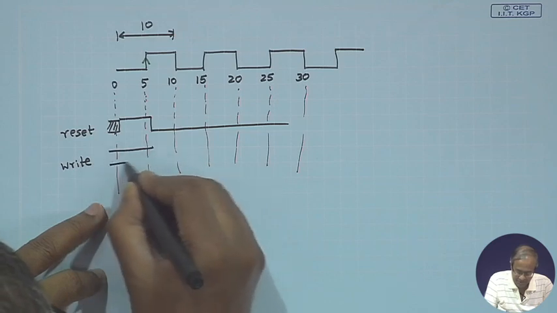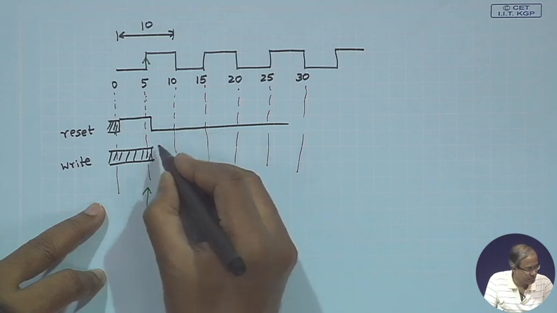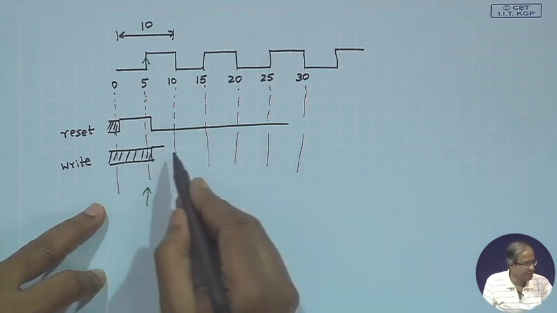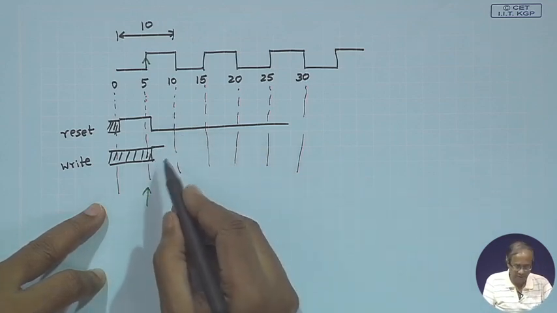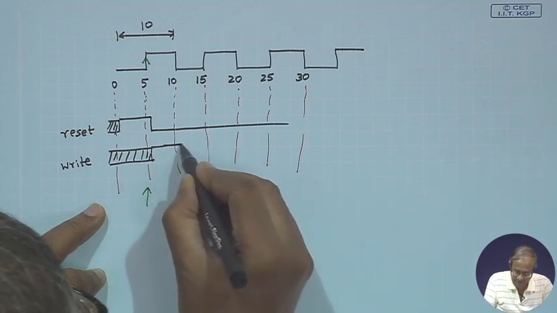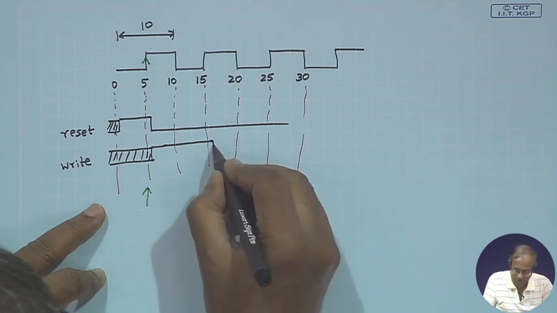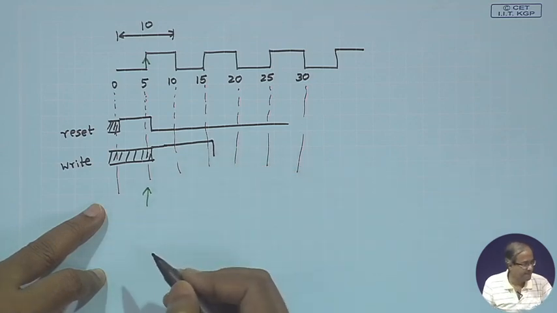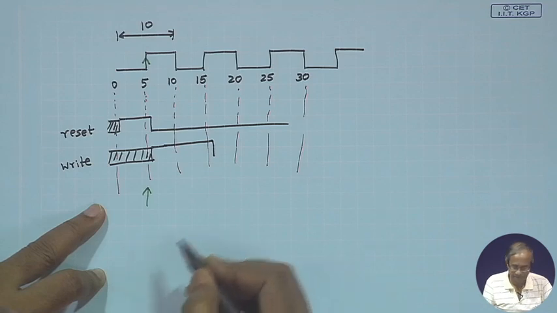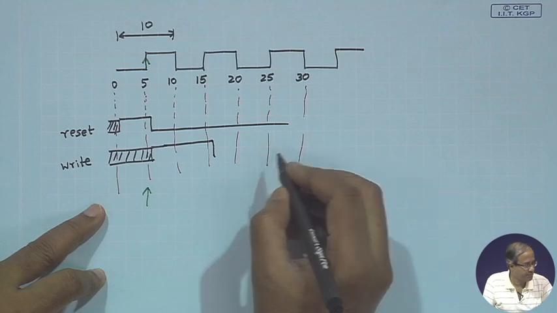Before that it was not specified. So, write will be 1 here, and it will remain 1 for a period of time 10, that means it will remain 1 till here, then it will again go 0. So, like this it will go on.